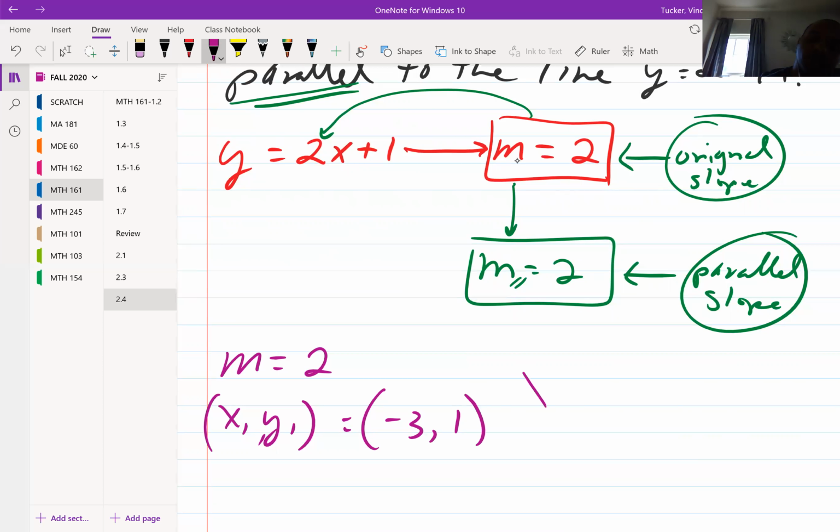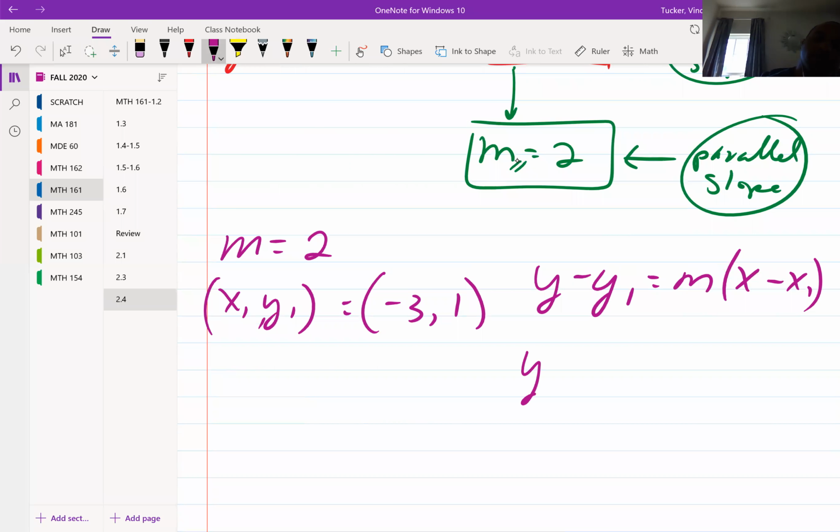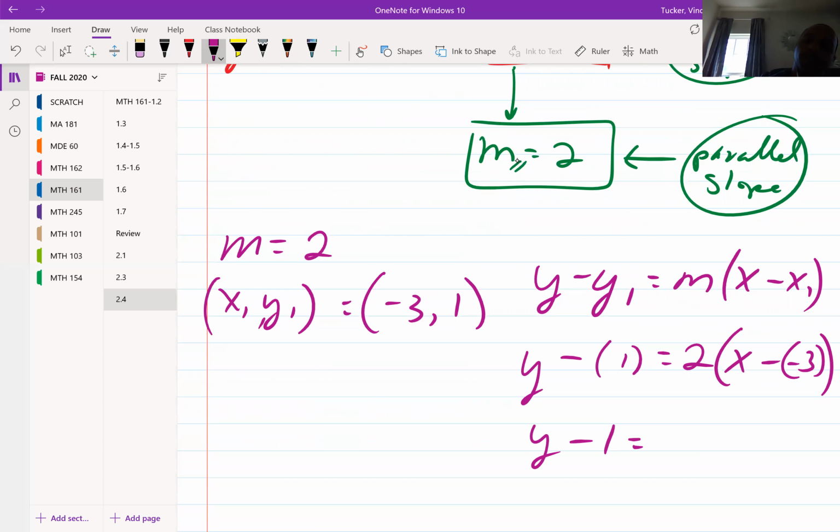We can use the point-slope formula: y minus y1 equal to m times x minus x1. y1 is 1, m is 2, x1 is -3. Don't forget negative and negative turns positive. So when I distribute this 2, that'll be 2x plus 6.